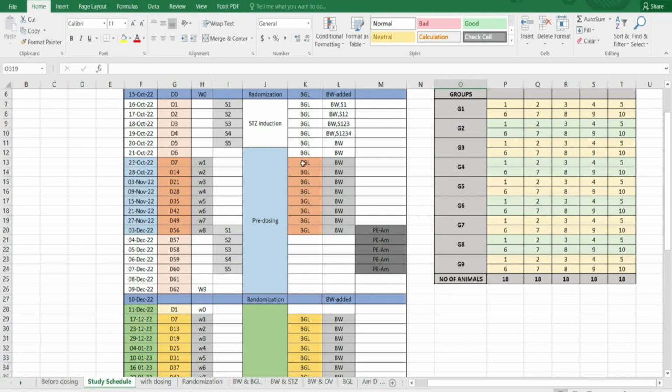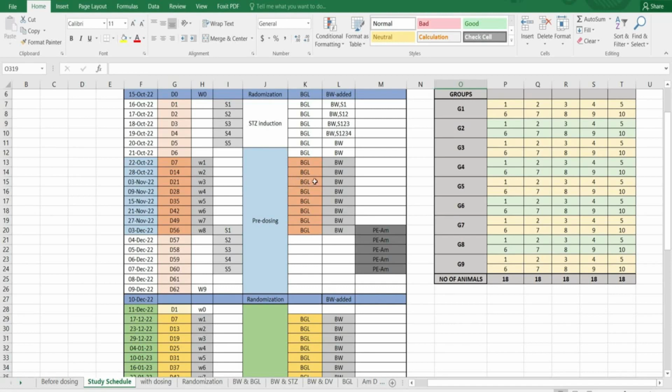Now from day 6 we have entered the second stage, the pre-dosing stage. You can see in the pre-dosing stage, mainly from day 6 to week 7, we have only maintained the glucose level, and we have taken BGL level weekly and body weight weekly.